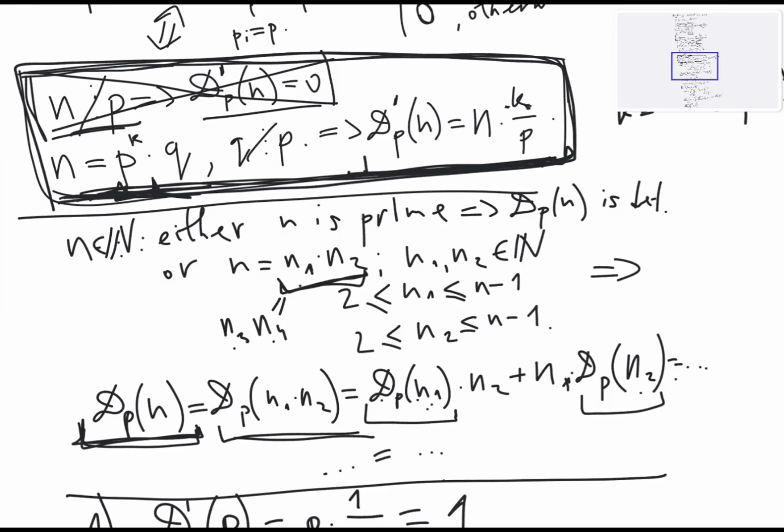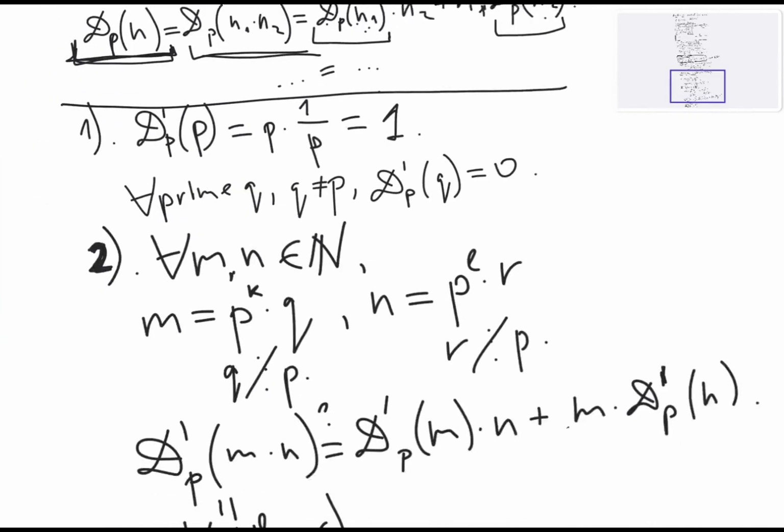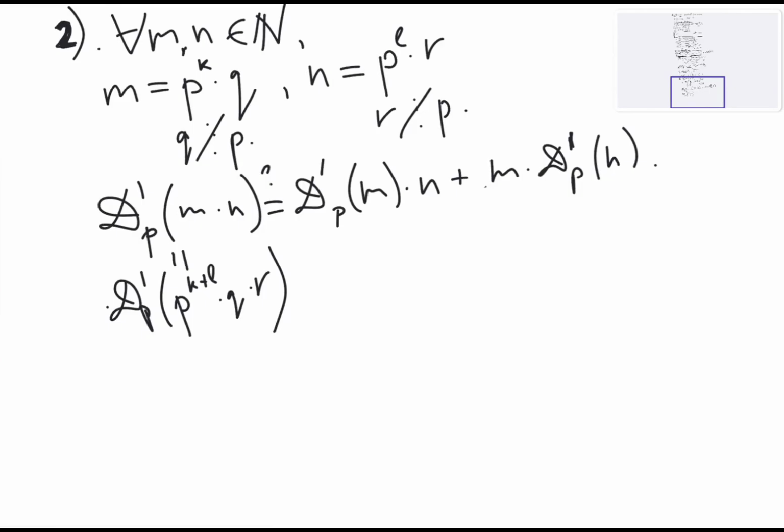This is this expression basically, for which we have the definition, and so this is equal to mn multiplied by k plus l over p.